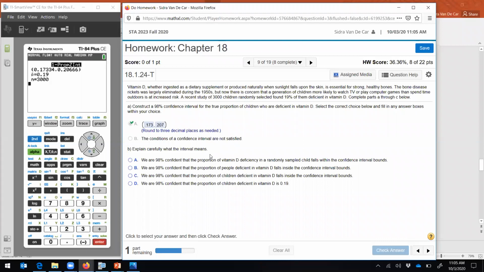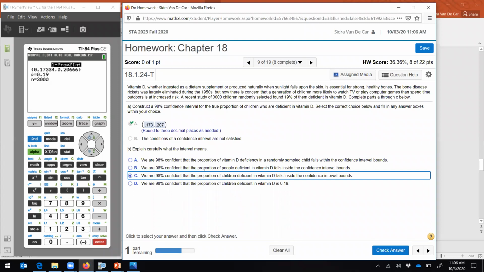Explain carefully what the interval means. Oh, we are 98% confident. No, wait. All right, so here we are 98% confident that the proportion of vitamin D deficiency in a randomly sampled child, this isn't about a single child, right?